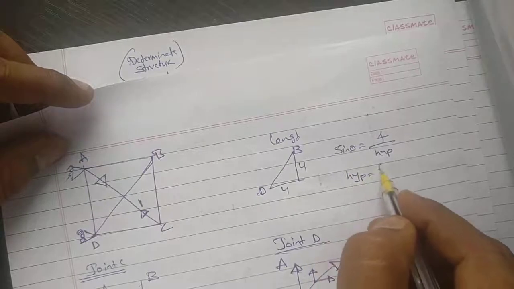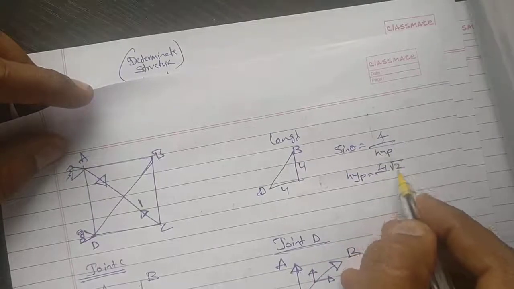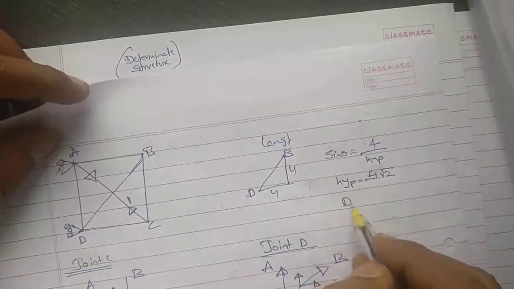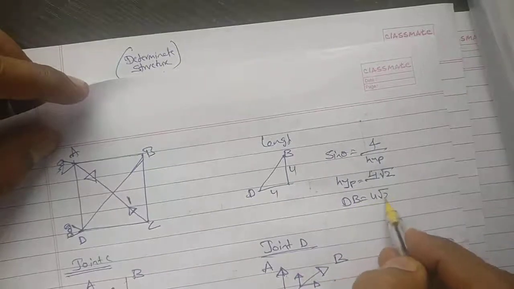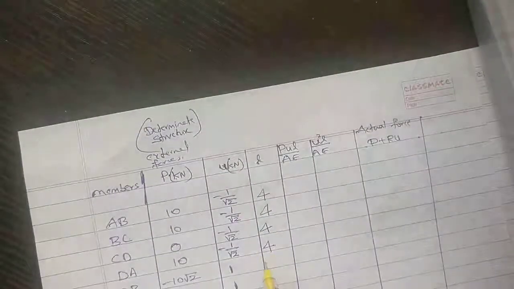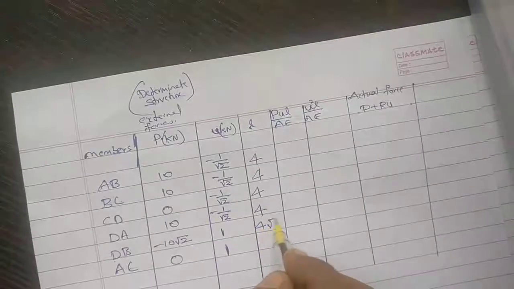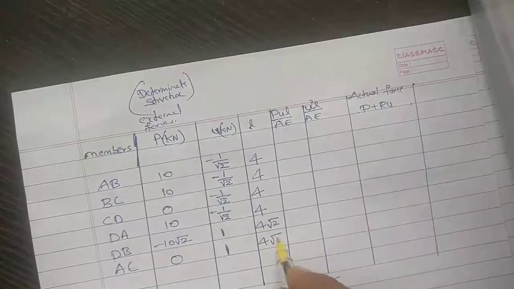Hypotenuse is equal to 4 by 1 by root 2, which will become 4 root 2. Here DB is equal to 4 root 2.